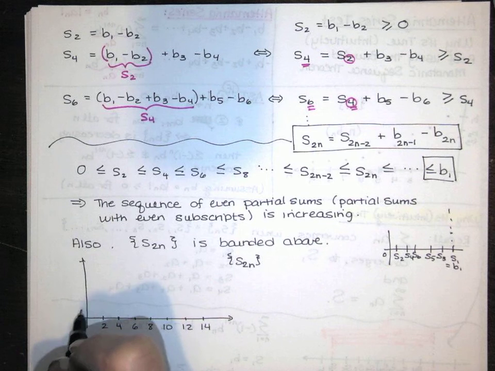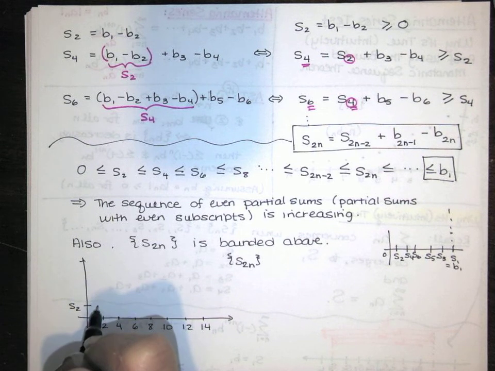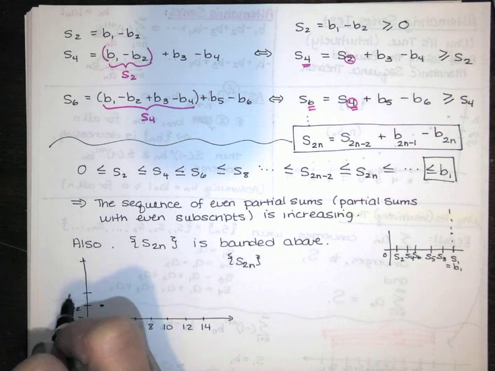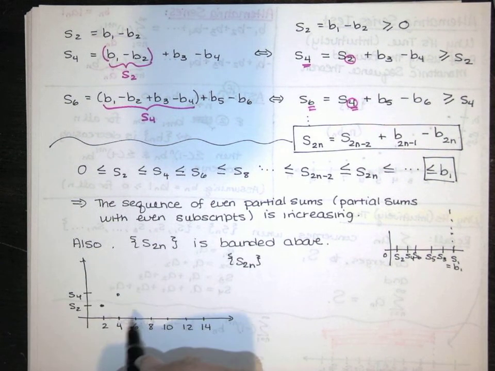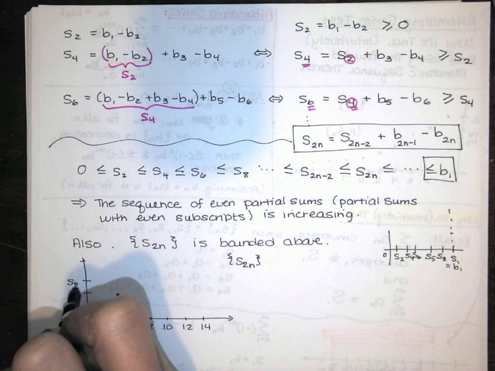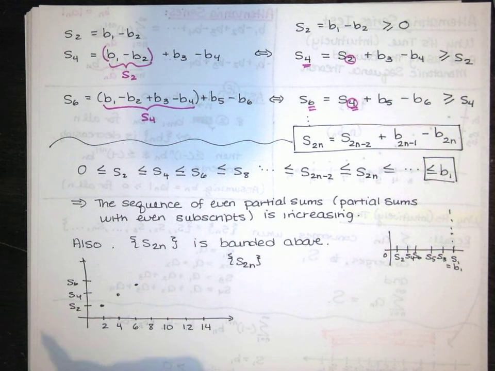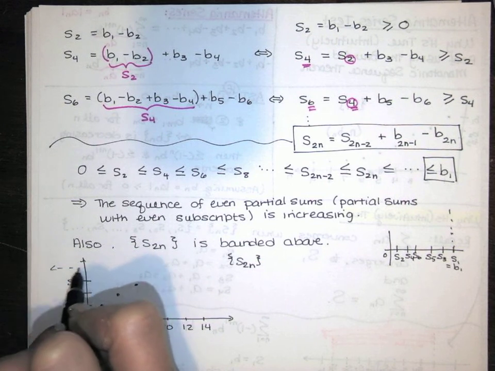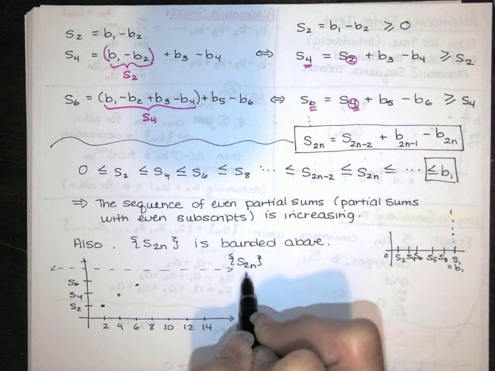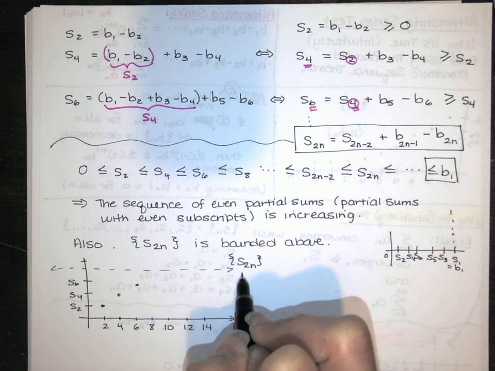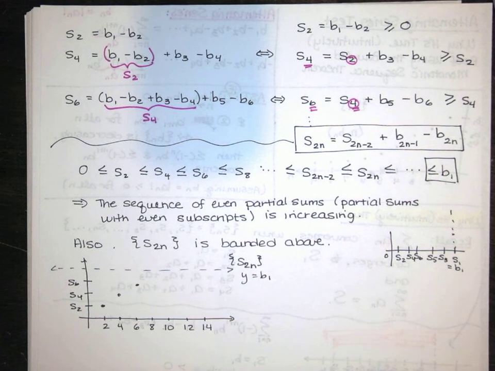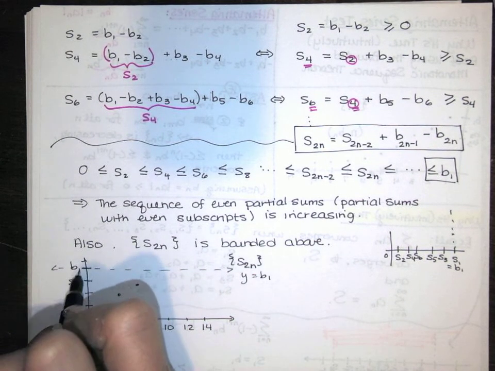So s sub 2 has some value. And s sub 4 is a little bit larger than that. And s sub 6 is a little bit larger than that. And so on. But remember, all of these guys are bounded above by y equals b sub 1, that horizontal line. Everything is less than b sub 1.